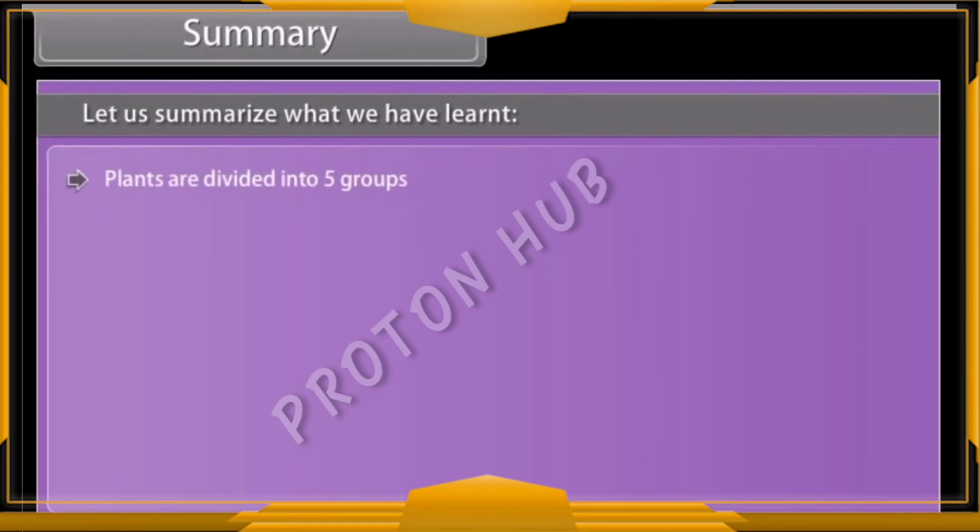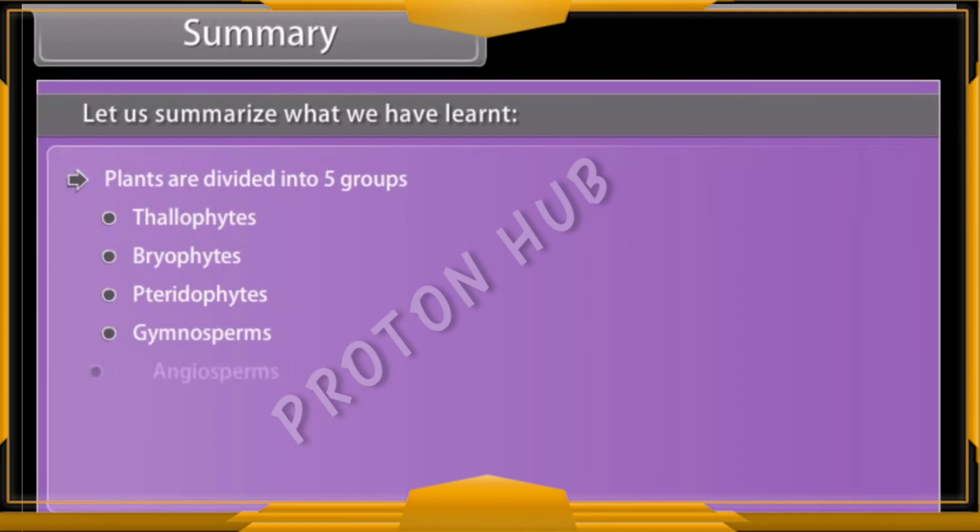Plants are divided into 5 groups: Thallophytes, Bryophytes, Pteridophytes, Gymnosperms, and Angiosperms.